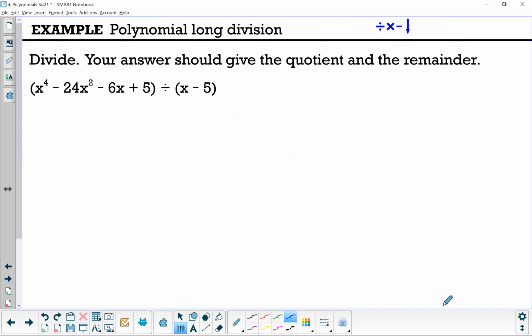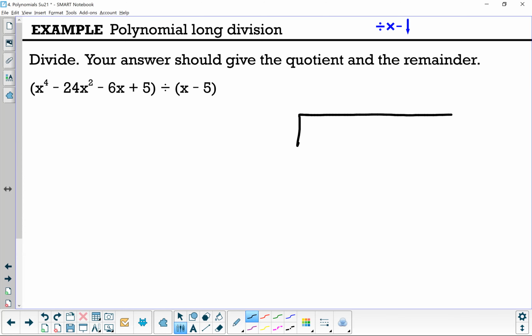We have here x to the fourth minus 24x squared minus 6x plus 5 divided by x minus 5. So, interesting enough, our dividend doesn't have an x cubed term, which is fine. But when we set this up, we do want to account for that.